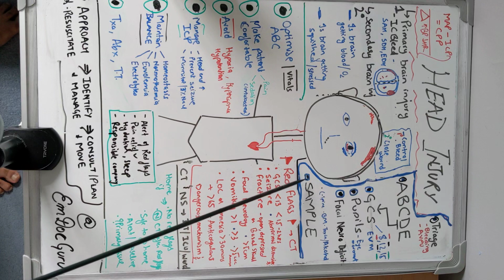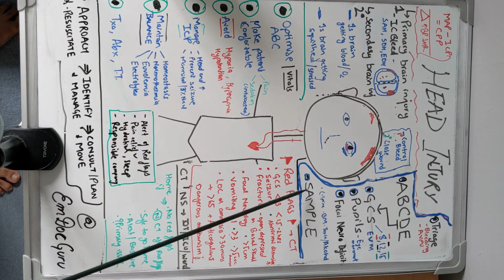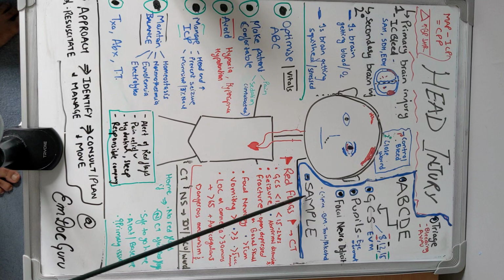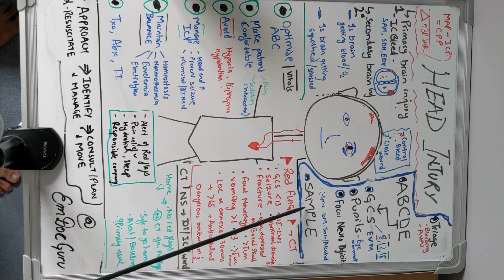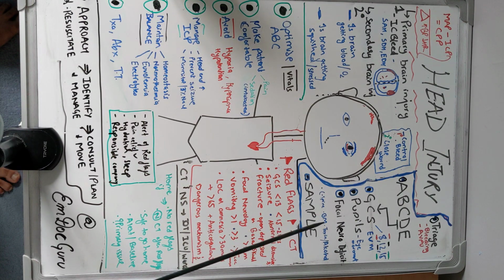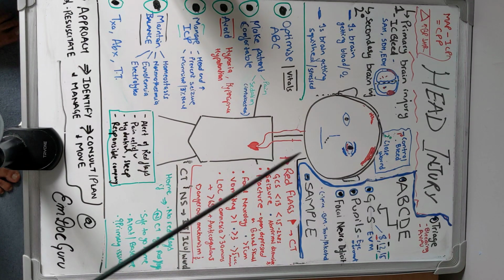And then take a SAMPLE history, where S stands for signs and symptoms, A is for any allergies, M is current medication, most important to consider anticoagulants, P is past medical history of, say, stroke or brain surgeries, L is for time of last meal, last liquid or solid intake, and E is the events leading to the current situation, such as after the head injury, did the person become unconscious and was then brought by people to the hospital, or did he just fall, get up by himself, and come himself.